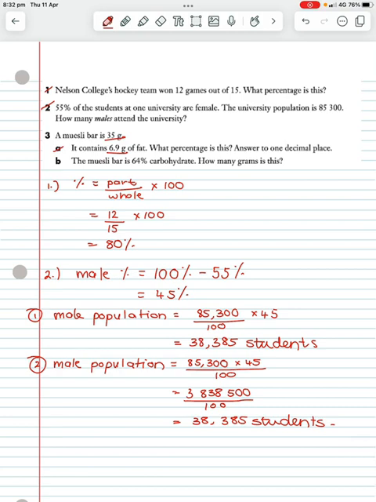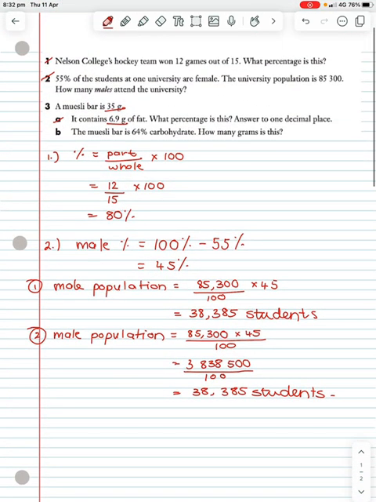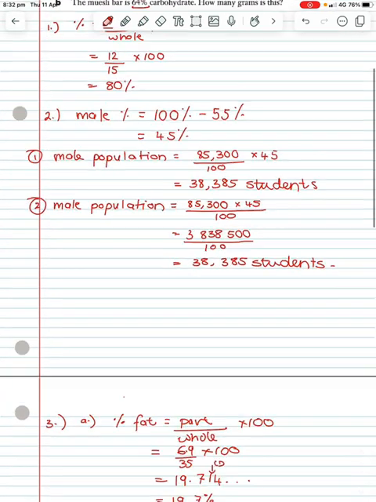For B, the muesli bar is 64% carbohydrate. How many grams is this? So we want grams of carbohydrate. To do this, we know 64% is carbohydrate.